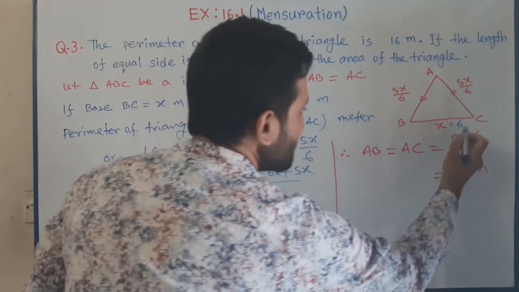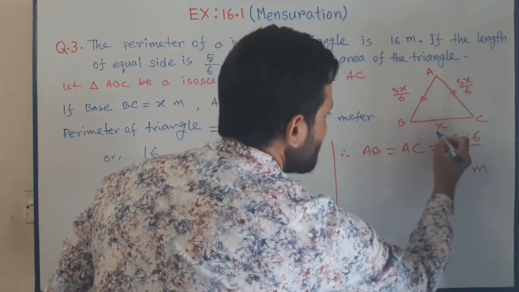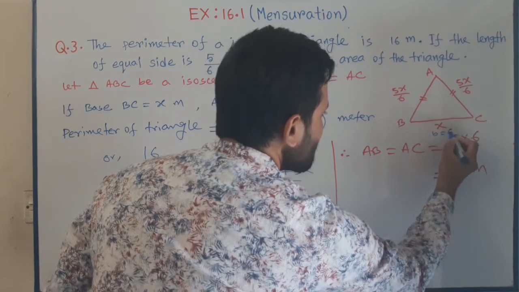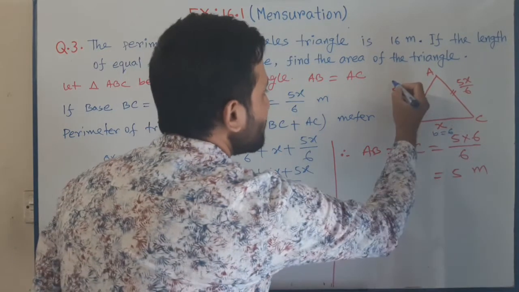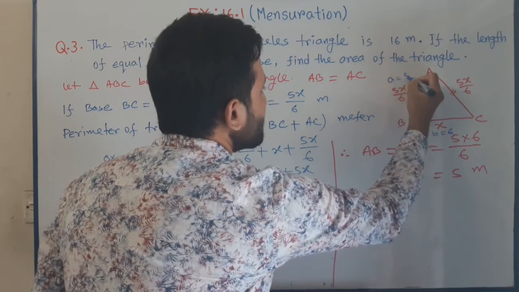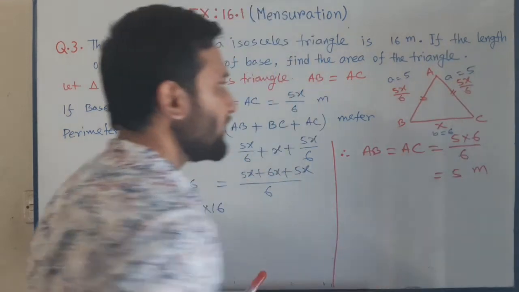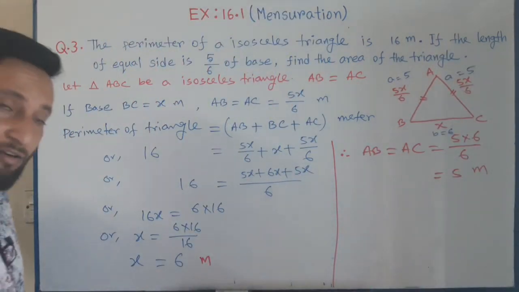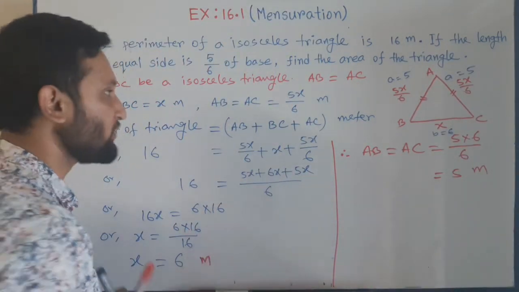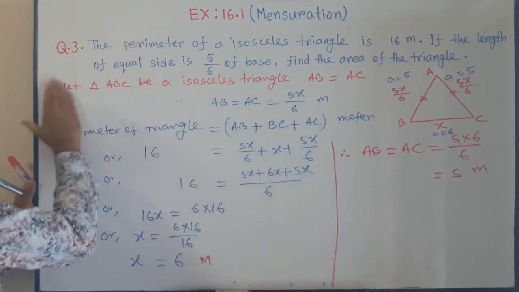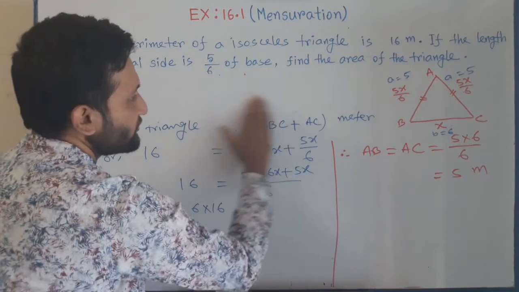We know in an isosceles triangle, the base b equals 6 meter and the equal side a equals 5 meter. Now by using the formula for the area of an isosceles triangle, follow the process of finding the area.